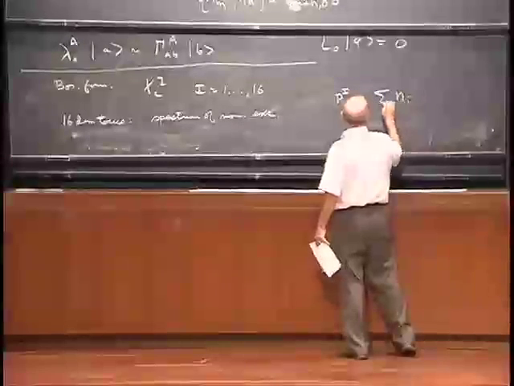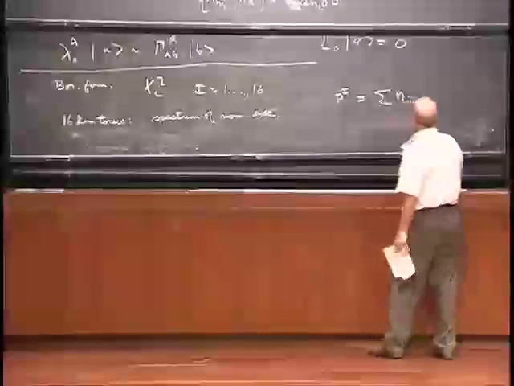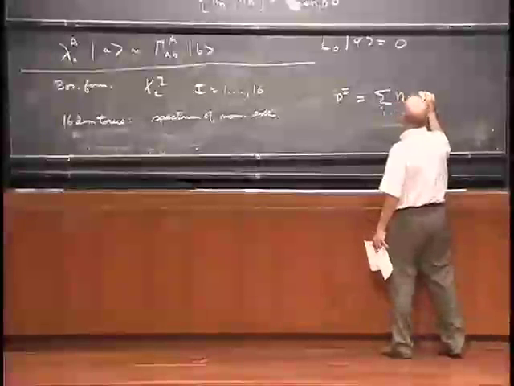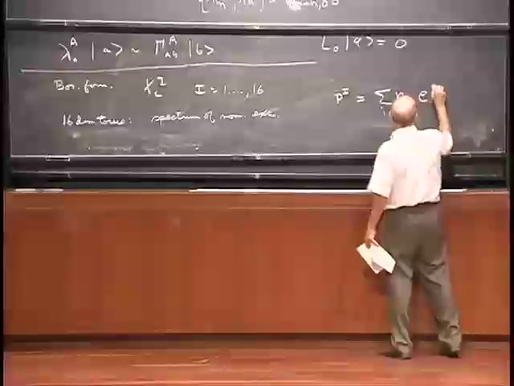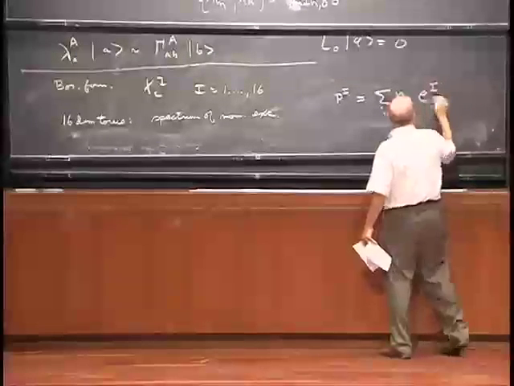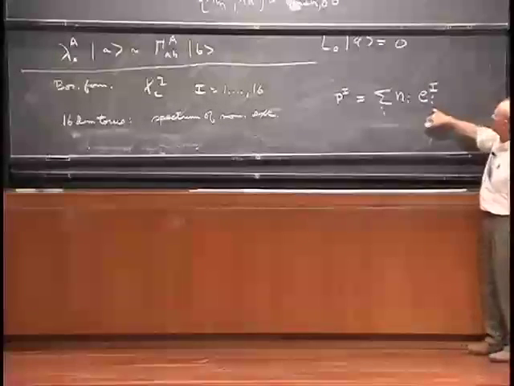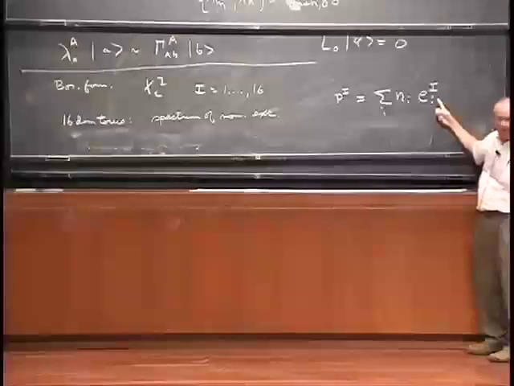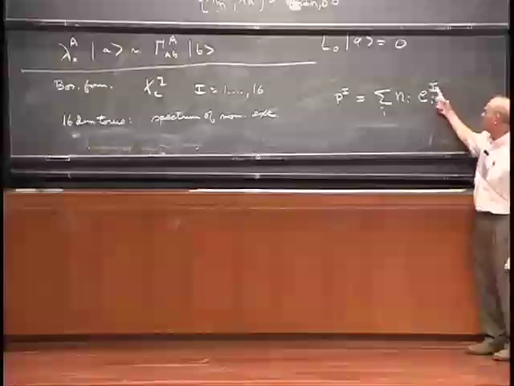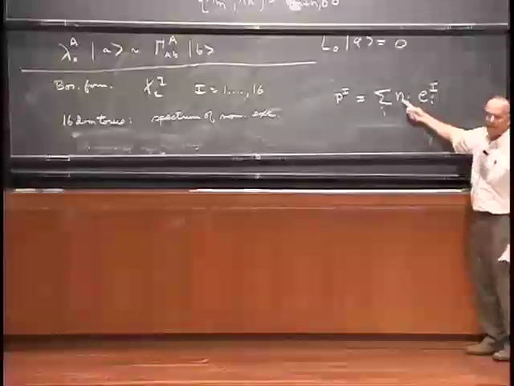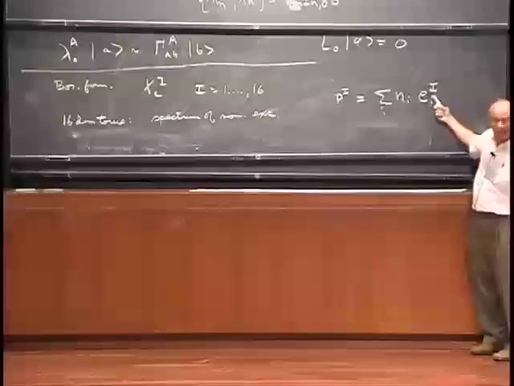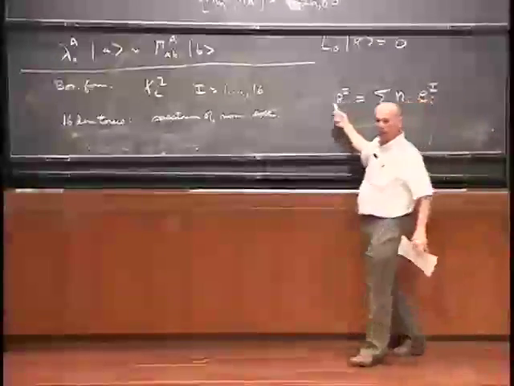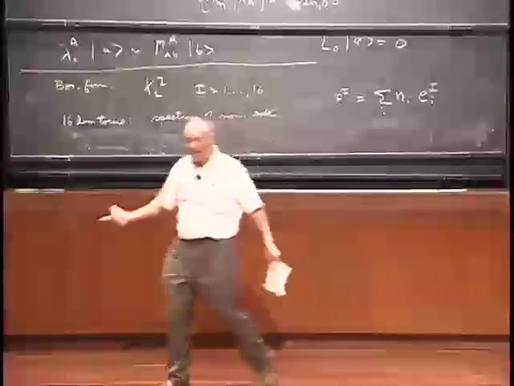So the n_i's are integers. And then you have basis vectors for a lattice, e_i^I. So these are 16 basis vectors for a 16-dimensional lattice. And then arbitrary linear integer combinations of these 16 basis vectors give you an arbitrary momentum vector in this lattice.